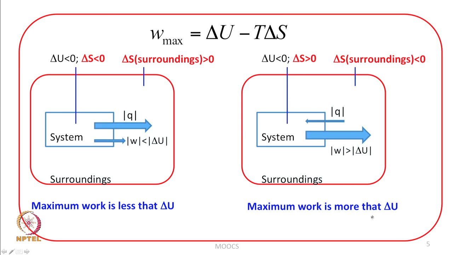Maximum work is more than delta U. So, I hope the situation is clear here: if the entropy change in the system is negative, the maximum work is less than delta U, and if the entropy change in the system is positive, the maximum work is more than the change in internal energy.